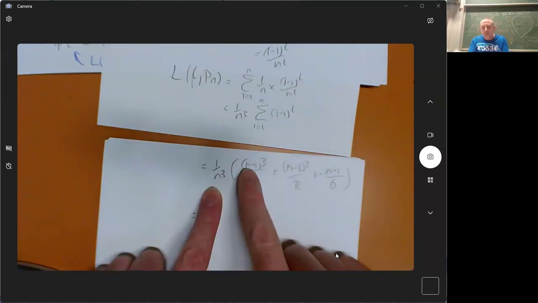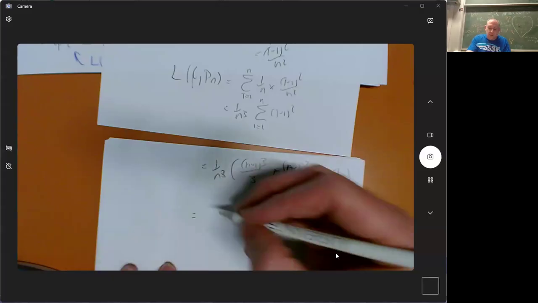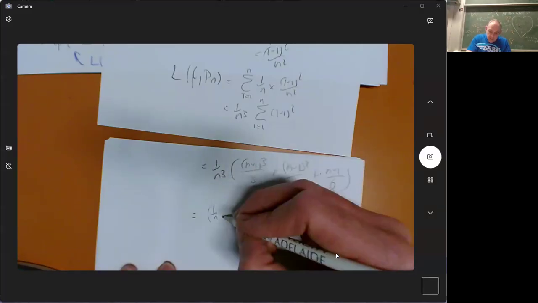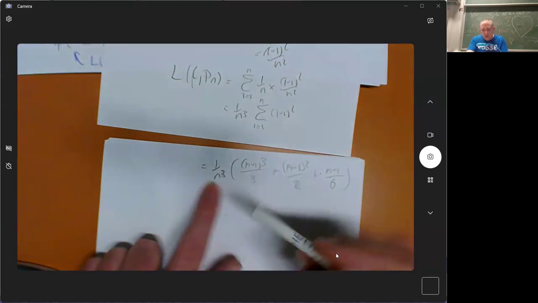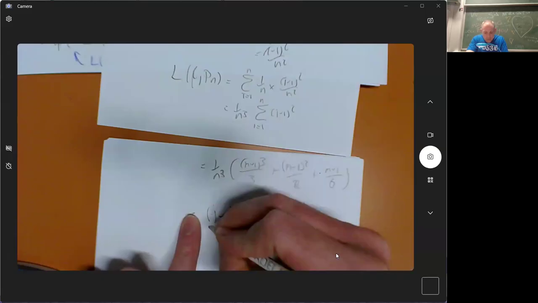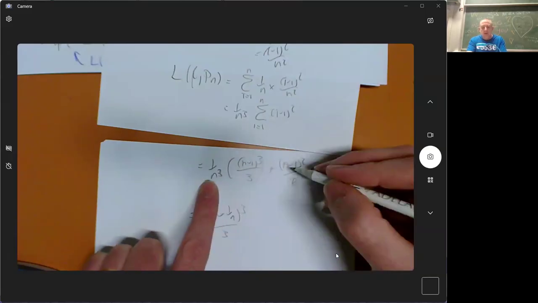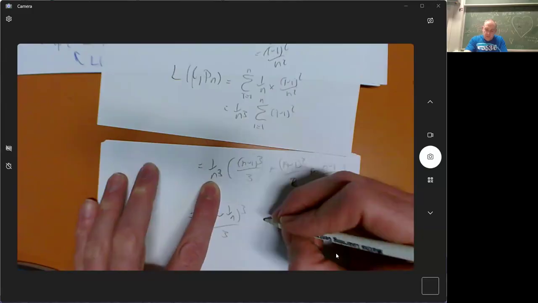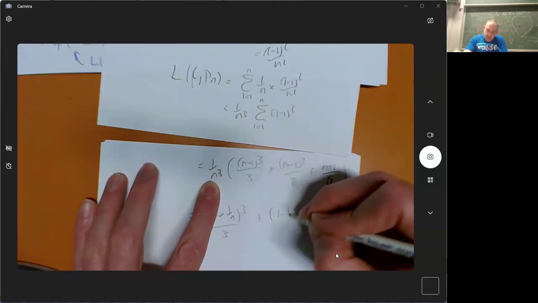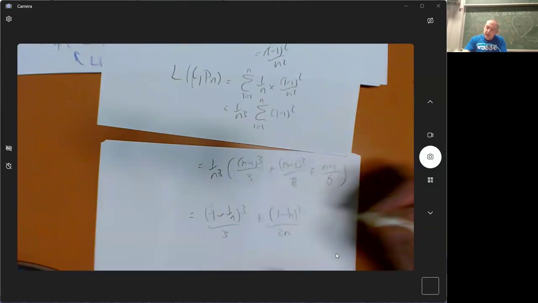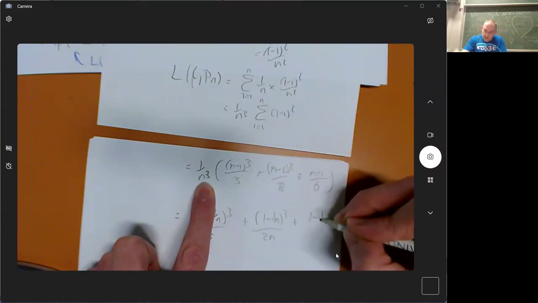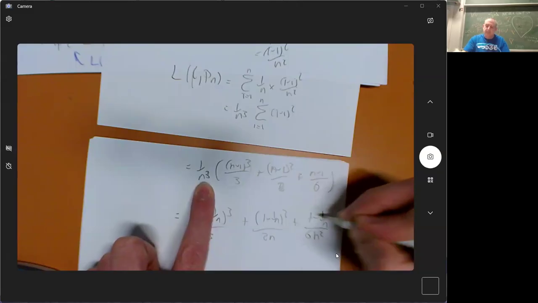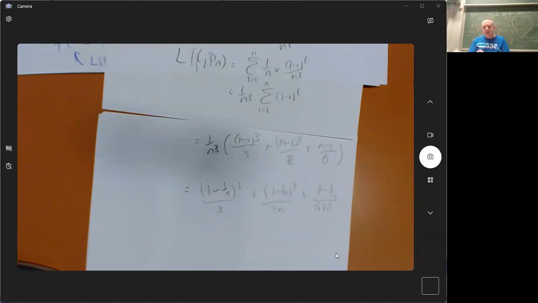So this 1 on n cubed can come inside this cubed, and so we'll get 1 minus 1 on n cubed on 3 here. The n squared can come inside this, so we'll get 1 minus 1 on n squared on 2. And the n can come inside this one, we'll get 1 minus 1 on n on 6. And the limit of that as n goes to infinity is also 1/3.